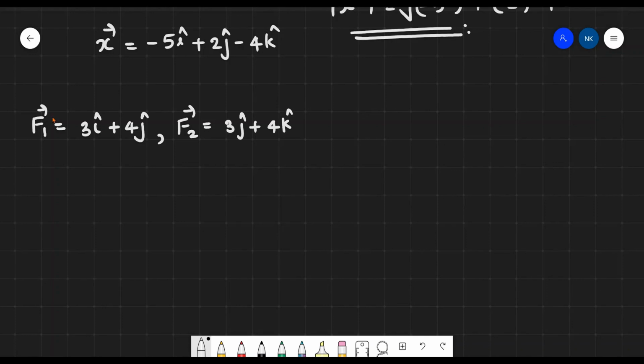So these two forces are simultaneously acting onto a point like this. Okay, F1 vector.